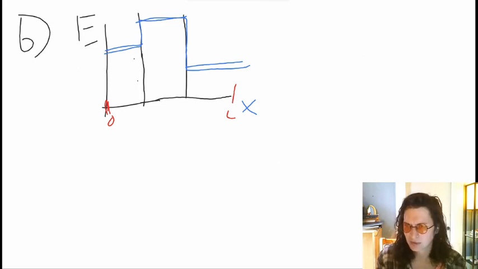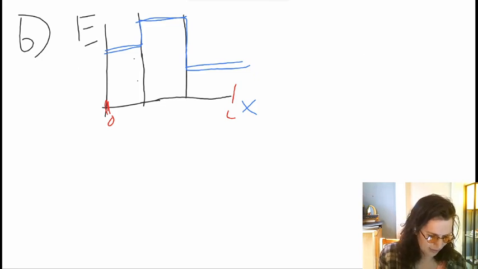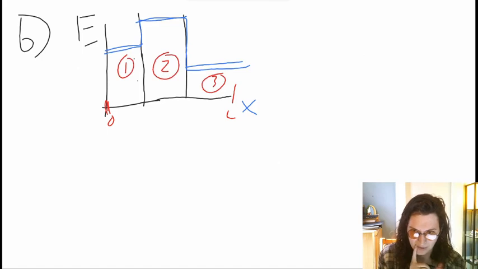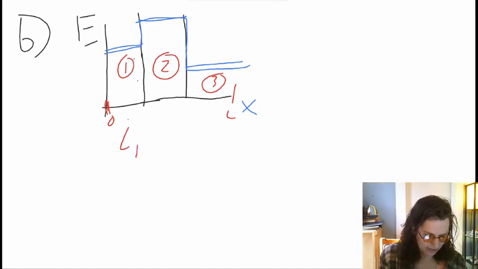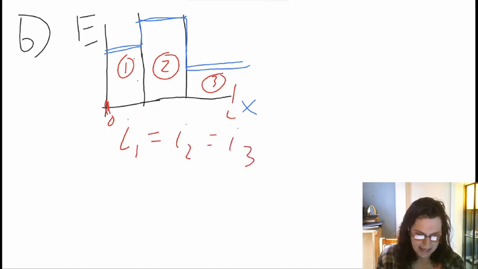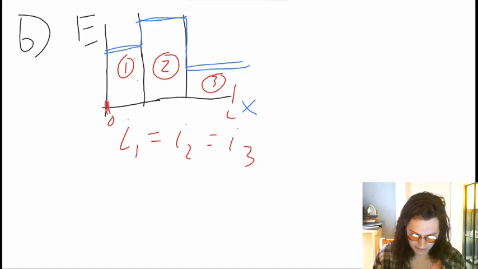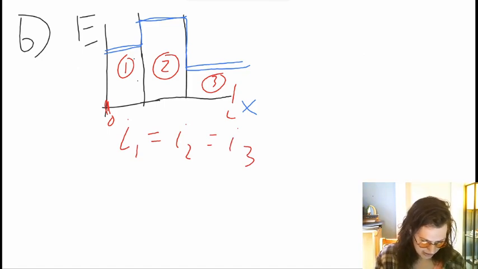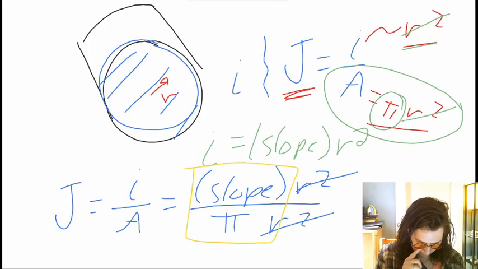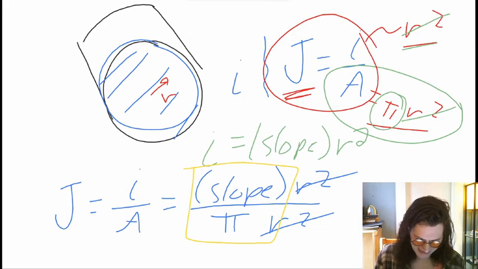So these sections are called 1, 2, and 3? Yeah, they label it right here, 1, 2, and 3. Okay, so we know that the current through section 1 has to be equal to the current through section 2, which has to be equal to the current through section 3. And we also know from our definition, the current density is right there, current over area.